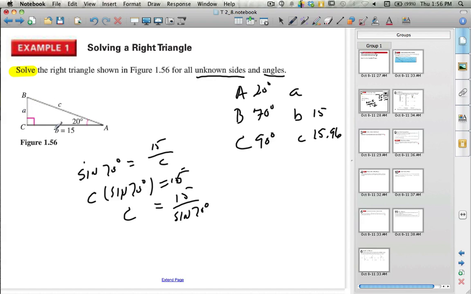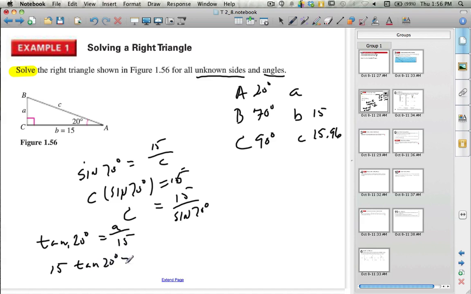And then if I want to find A, A is the side opposite 20, or I could say A is the side adjacent. I think I'm going to use 20. I know that the tangent of 20 will be equal to A divided by 15, the side opposite over the side adjacent. Now I could have done tangent of 70 degrees is 15 over A, but I like to put my variable in the numerator when I can.